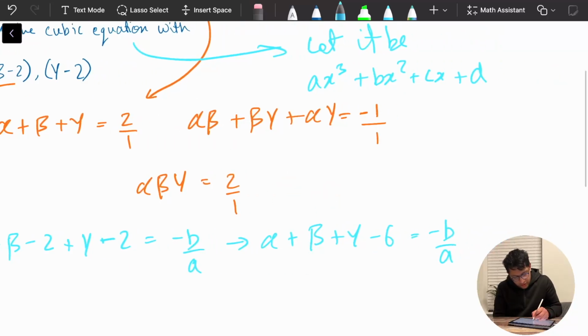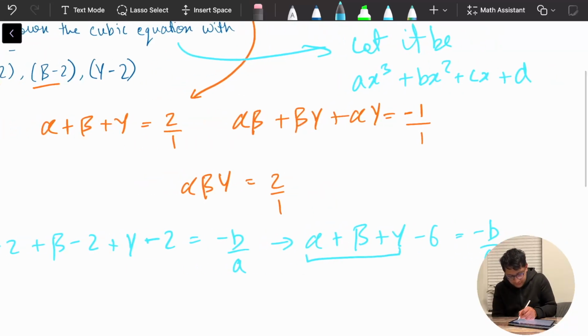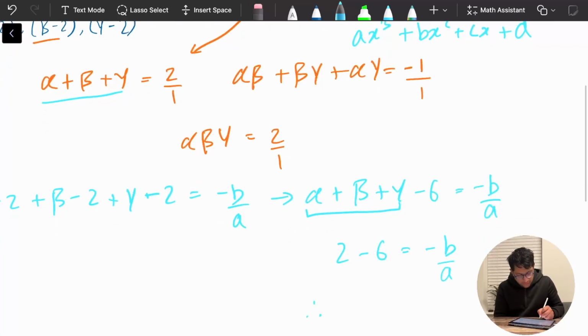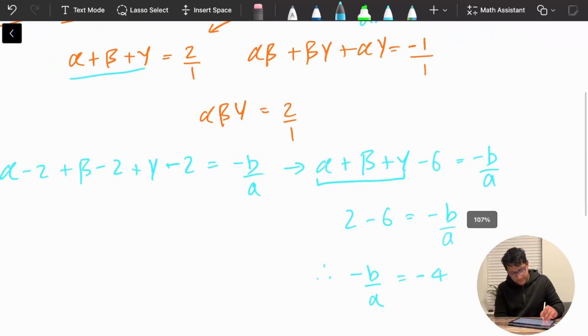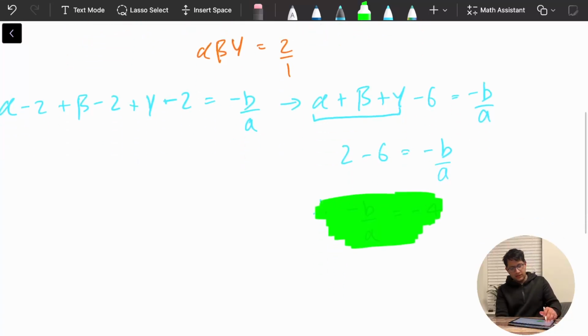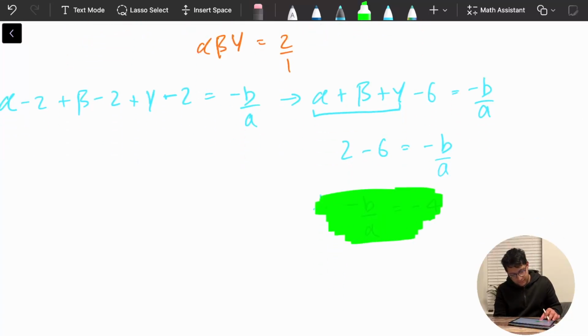We already know what this is from here. So we already know 2 minus 6 equals minus b by a. Therefore, minus b by a is minus 4. Keep this in mind for later.